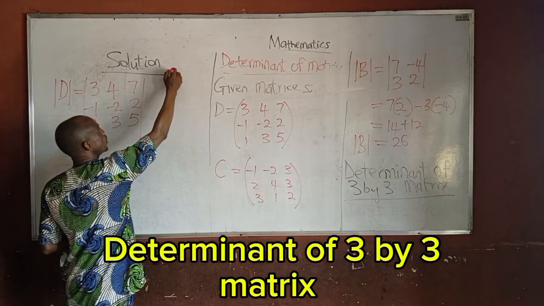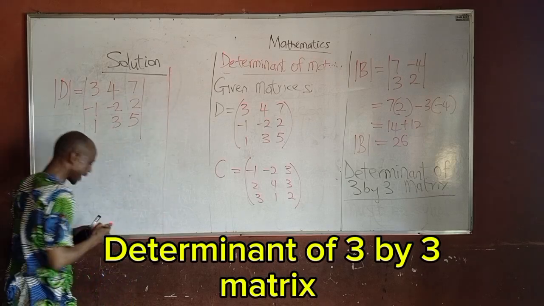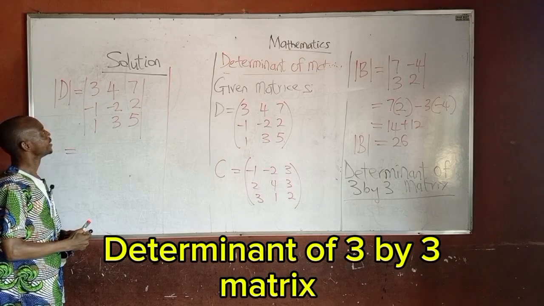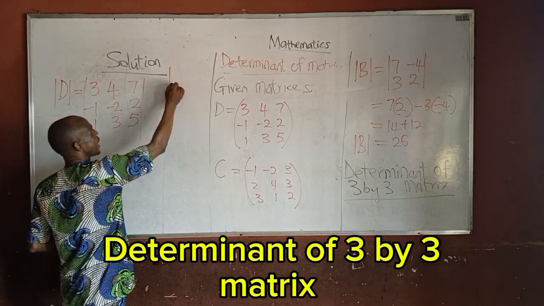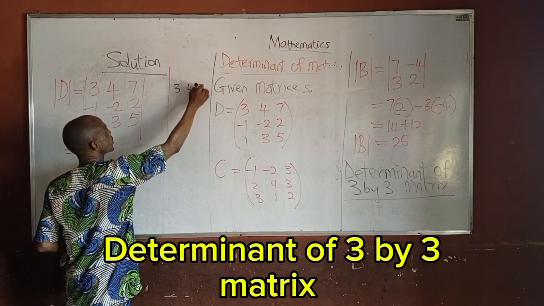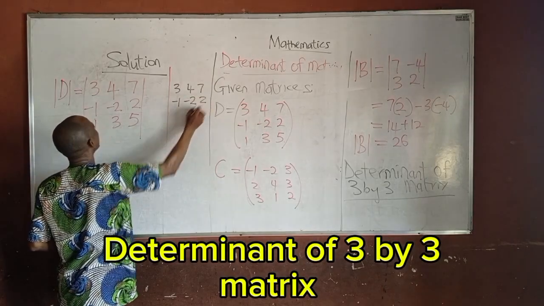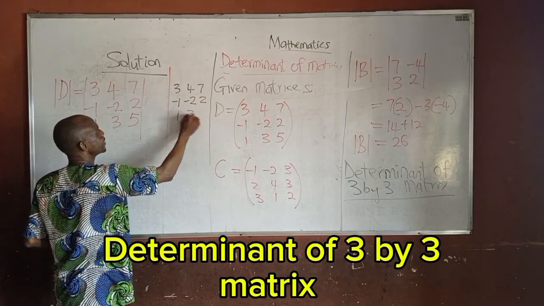Let me use this portion as a point for illustration. This is what we have: 3, 4, 7, minus 1, minus 2, 2, and 1, 3, 5.